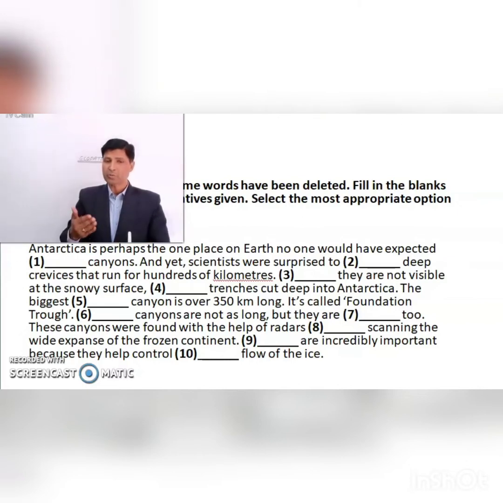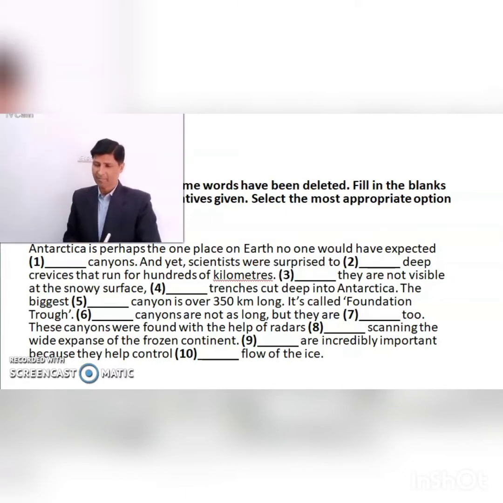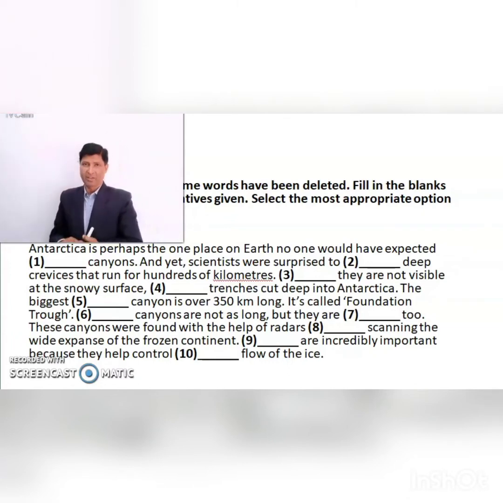So here, just before the blank space, the word expected is coming, as you can see. Remember, the answer coming in the blank space must be according to the word expected. And remember one thing, if you have good control over grammar, expected word is followed by a full infinitive.